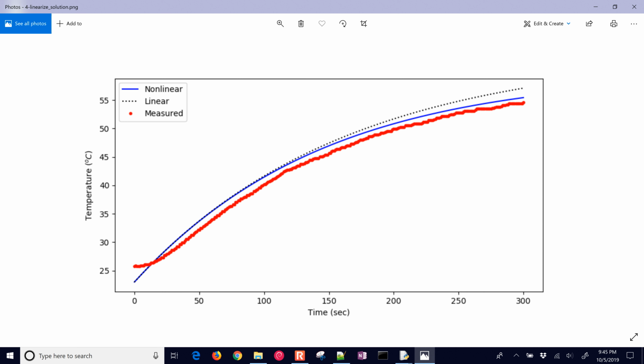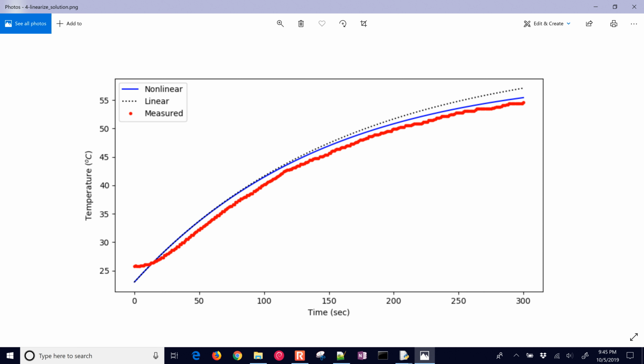So the linear model was linearized right around 23 degrees Celsius, but when it rises up to higher temperature, it's going to underpredict the amount of heat that's lost through radiative heat transfer, and so the temperature of the linear model is going to be higher.